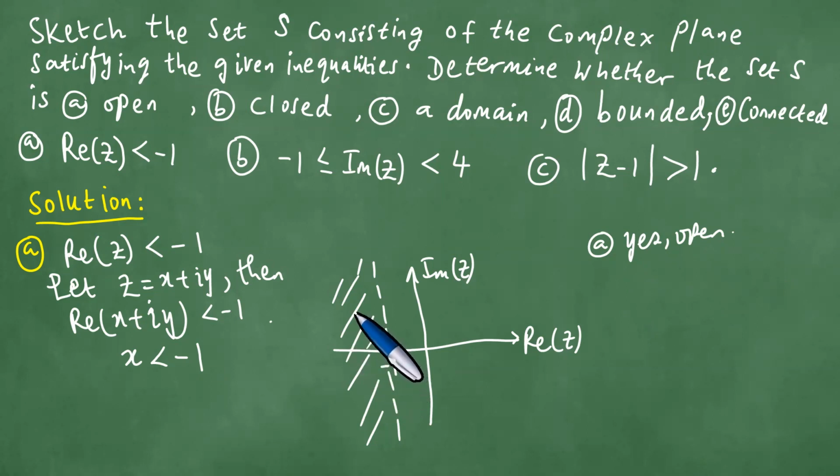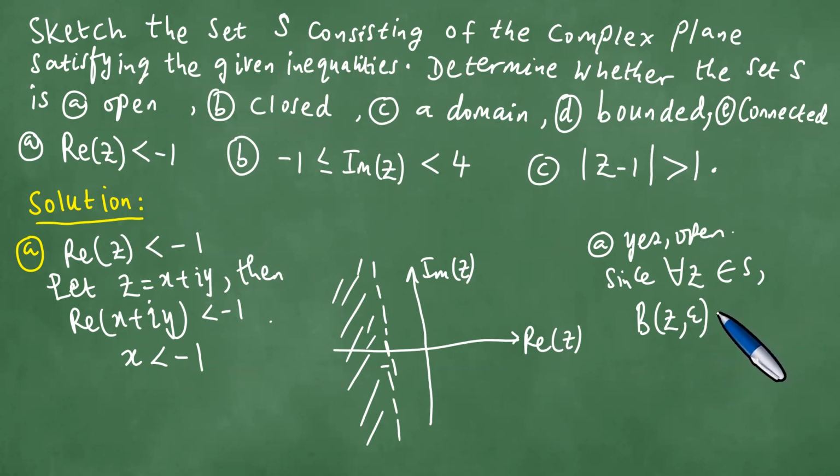Since for any point you can pick from within the set, for all Z in this set, okay, so we call it the set S. So for all Z in S, any open ball centered at Z with radius epsilon, this open disk, will actually be fully contained in the set S. And hence it's open.